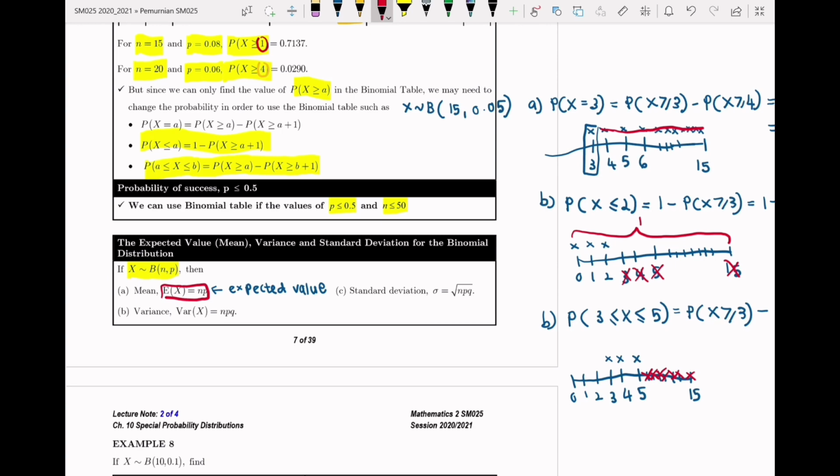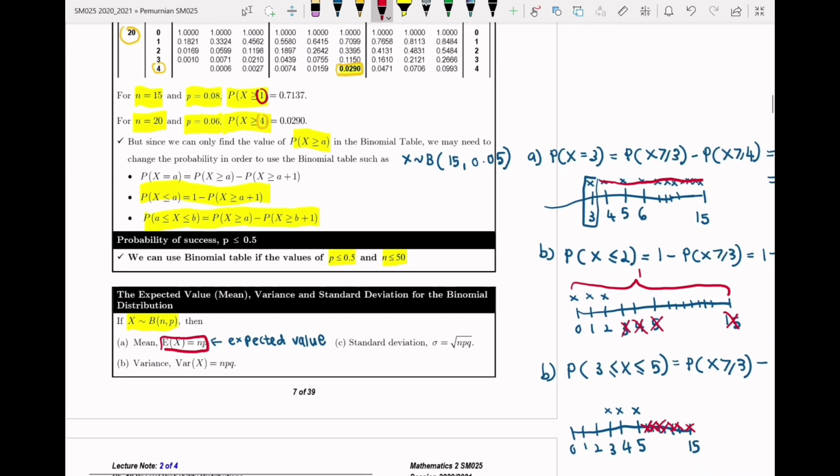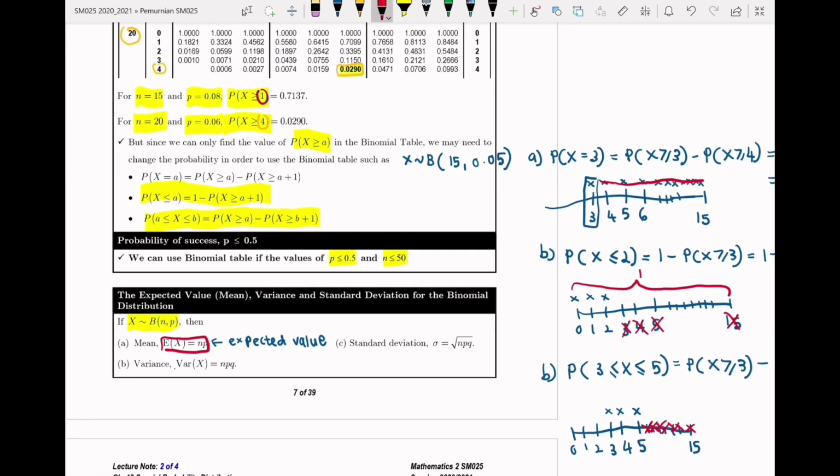We just multiply n with p. Next, to find the variance, we multiply n times p times q. And to find the standard deviation, we know standard deviation is the square root of variance. So standard deviation equals the square root of n times p times q.